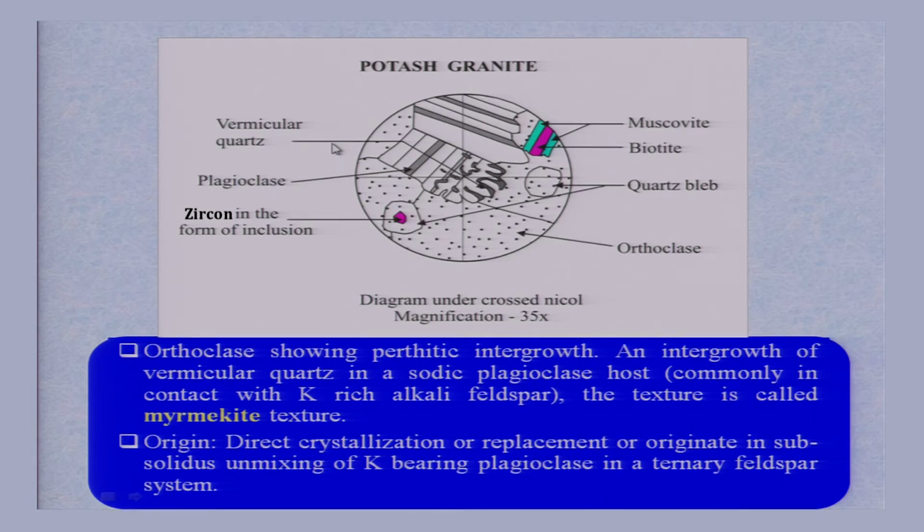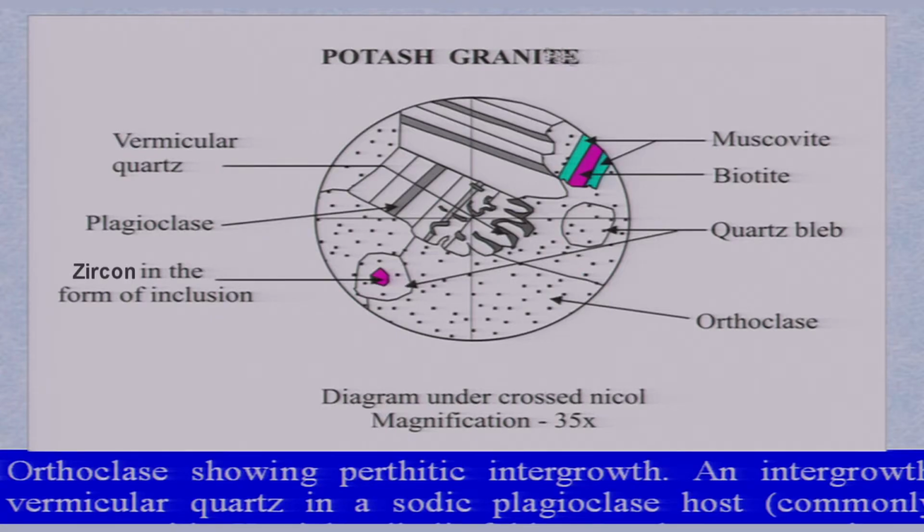I am showing my own hand drawing figure here of potash granite, where you have orthoclase. A large proportion of the slide is covered by orthoclase and quartz. This is quartz, and this is quartz, and this is muscovite. Muscovite is a mineral, biotite is another mineral. And this quartz here is not a graphic quartz, but a released quartz.